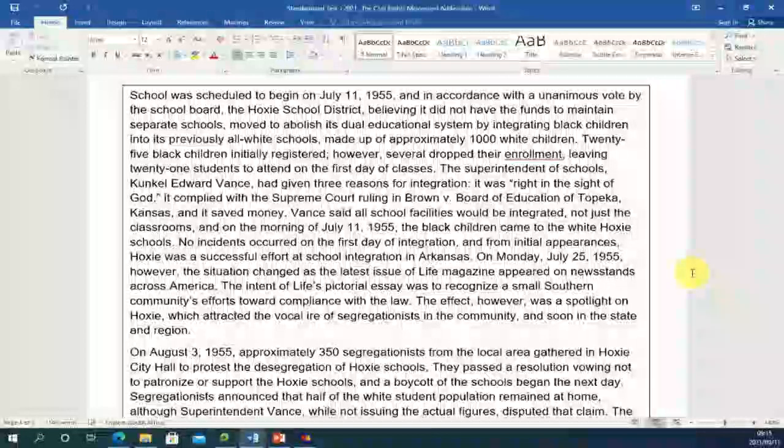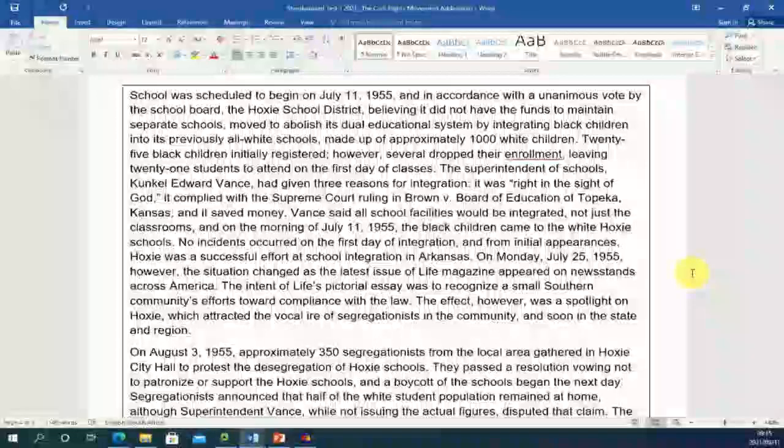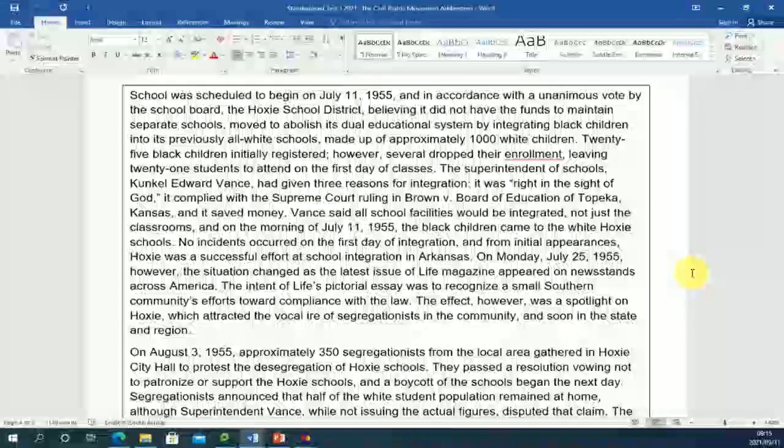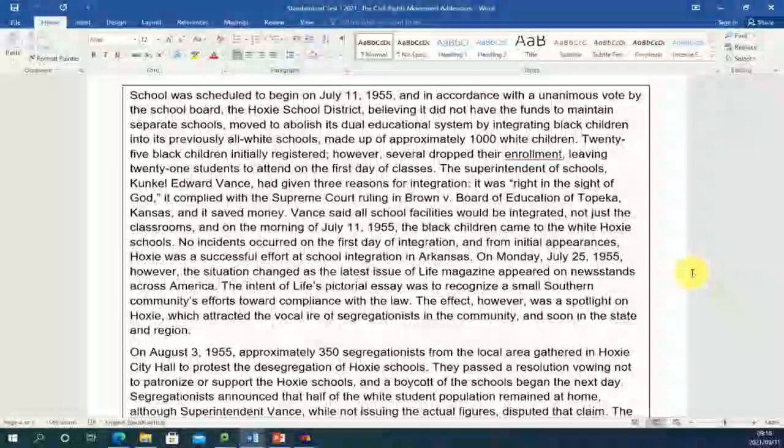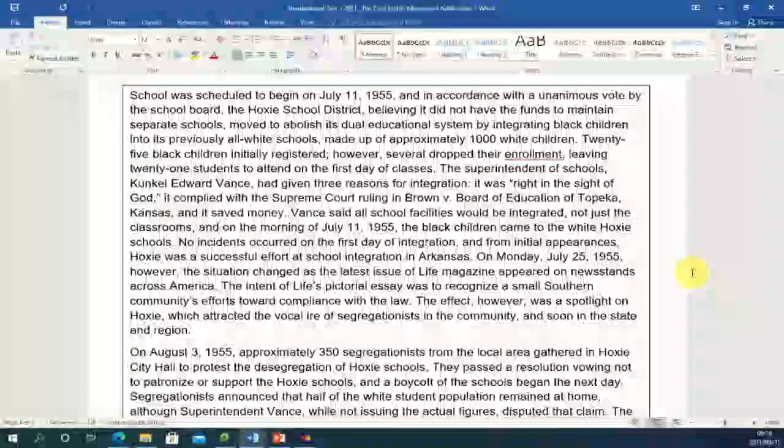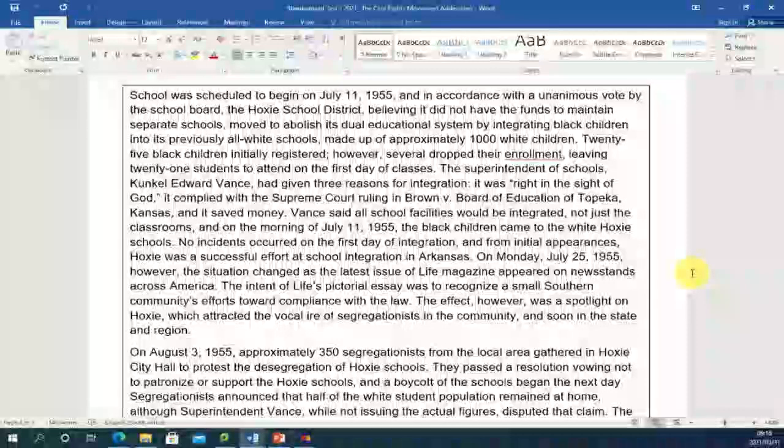On Monday, July 25, 1955, however, the situation changed as the latest issue of Life magazine appeared on newsstands across America. The intent of Life's pictorial essay was to recognize the small southern community's efforts towards compliance with the law.